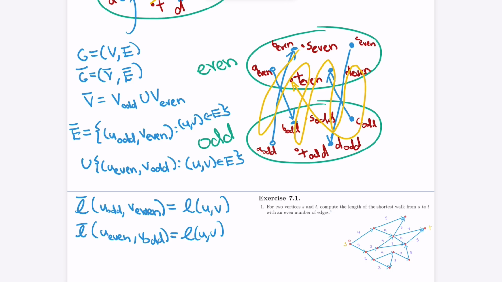You observe that any path from S to T with an even number of edges maps to a path from S even to T even in this graph. Because Dijkstra just promises, I will get you the length of the shortest path between S even and T even. So you need to do an if and only if check in both directions to show that that will give you the minimum even length path from S to T. And then you're convinced and you've fully established it.